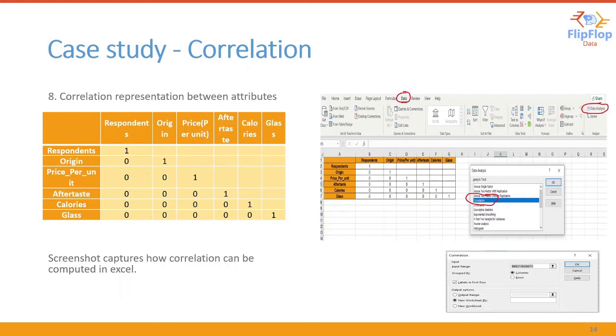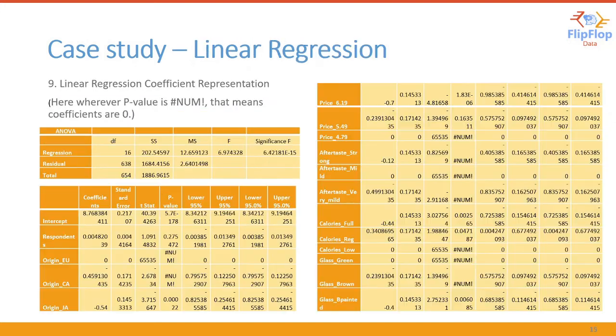In case you want to know how you can enable data analysis within the data tab in Excel, you can go to File, then click on Options, then go to Add-ins, then click on Manage Excel Add-ins, and then enable data analysis in the sheet. This way it can be done.